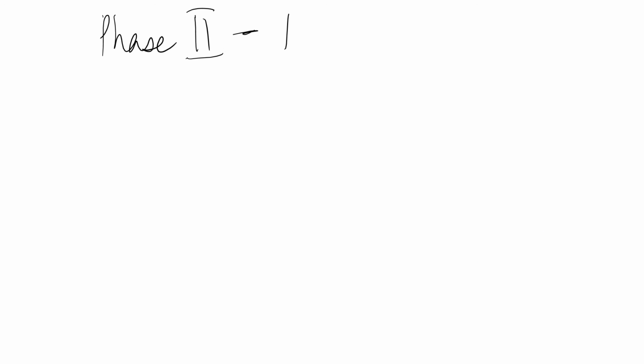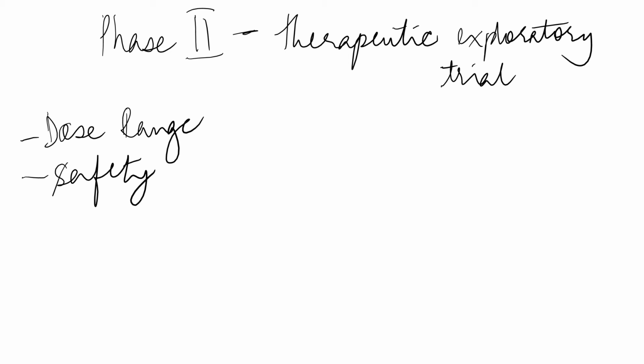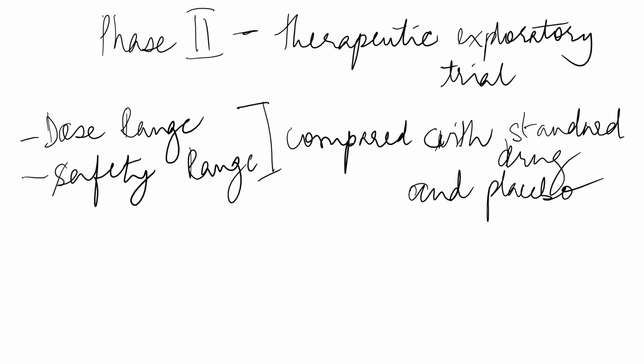What happens in phase 2? In phase 2, the therapeutic exploratory trial, we look at the dose range, at what level the dose can be given, whether it can be given from 20 mg to 50 mg, and we look for the safety of the drug, whether it is safe. We look at both the ranges and we compare it with the standard drug and a placebo drug.